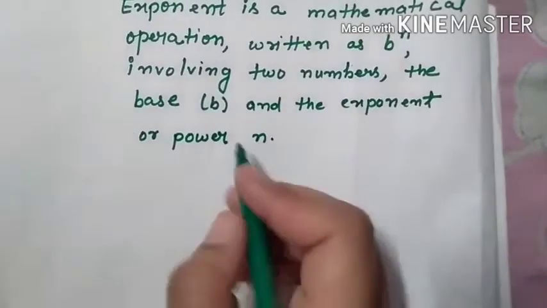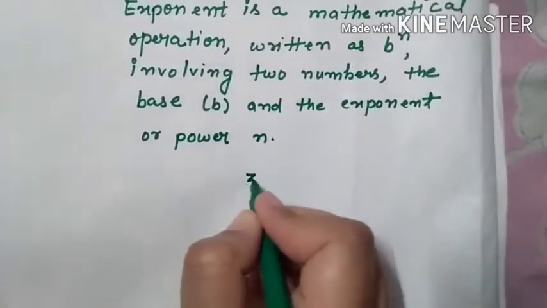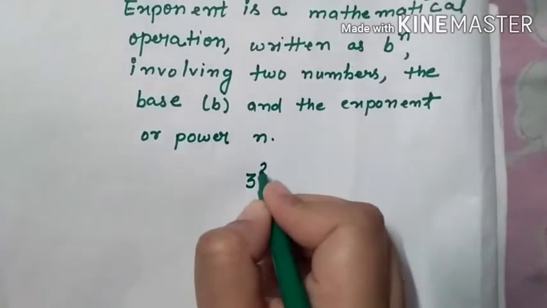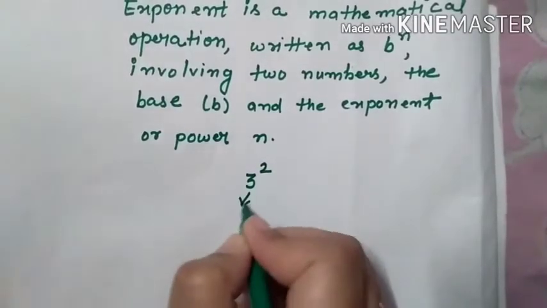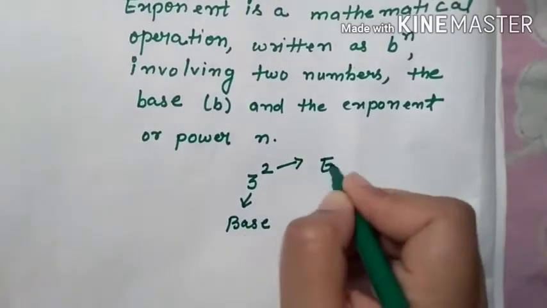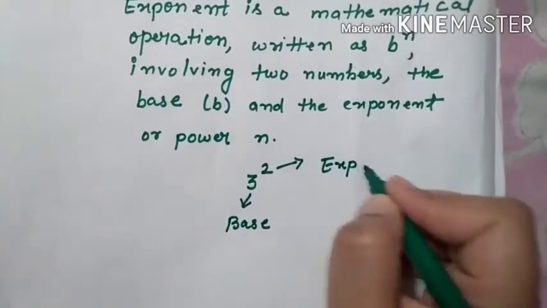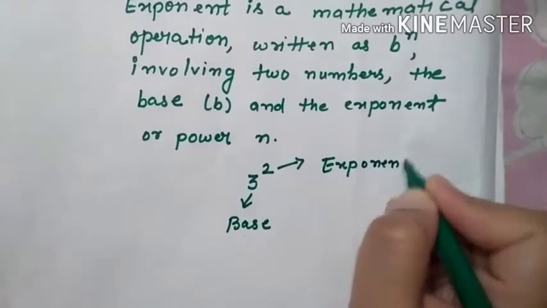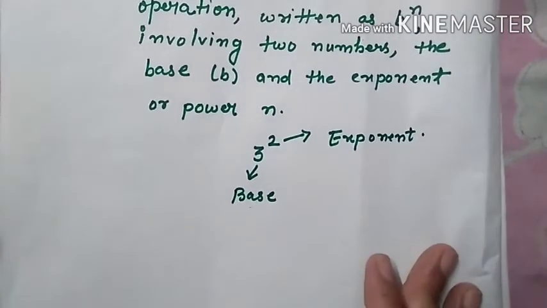For example, suppose 3 raised to the power 2. It means here 3 is base and 2 is its power, and we call it exponent. This is the first definition.